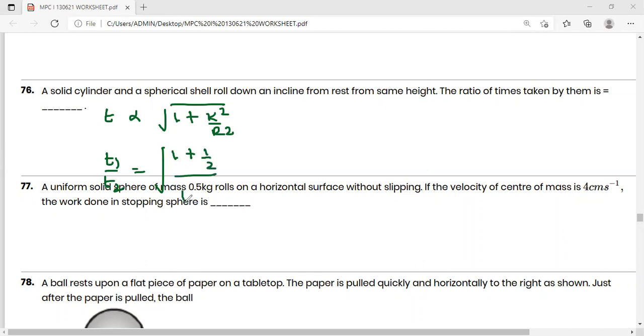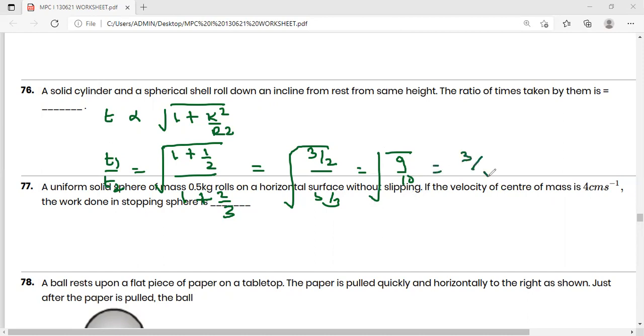Half. 1 by 1 plus spherical shell. There it will be 2 by 3 is the k square by r square. That is equal to root over, this is 3 by 2, by 3, this is 5 by 3. And totally this will be root over 9 by 10. So the ratio of time taken is equal to root over 9 by 10. That can be taken as 3 by root 10 also.